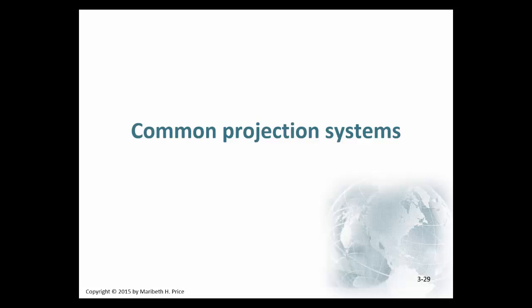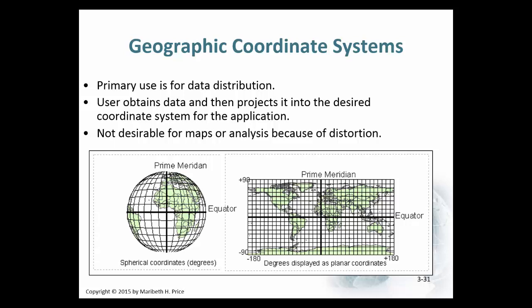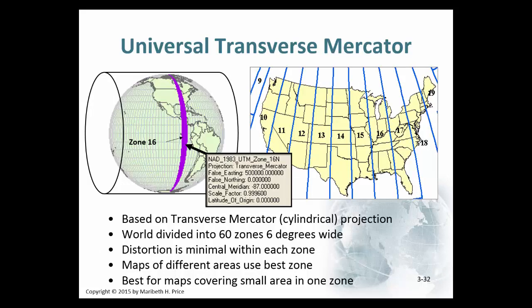Common coordinate systems include geographic coordinate systems, degrees, latitude, and longitude, universal transverse Mercator, and state planes. GCS is not desirable for maps or analysis because of distortions. UTM is a good choice when the project area is completely within a single zone.